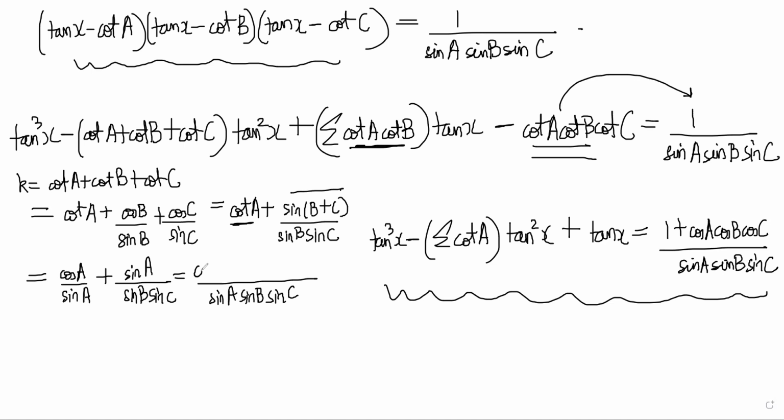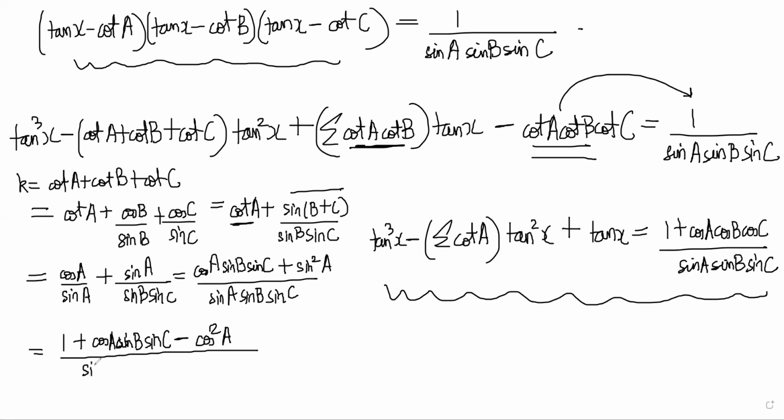And on top you have cos A sin B sin C plus sin square A, right? Because I'm just simply adding the two fractions. Now, sin square A can be written as 1 minus cos square A. So we can write this as 1 plus cos A sin B sin C minus cos square A, right?